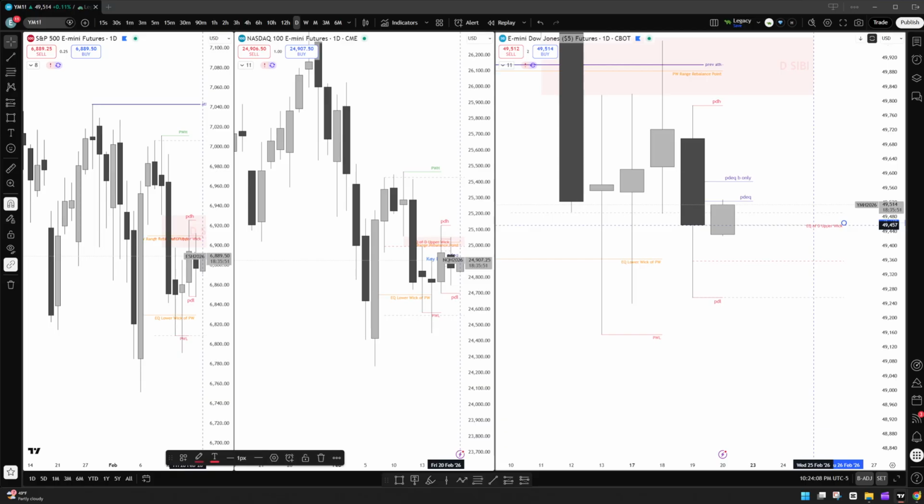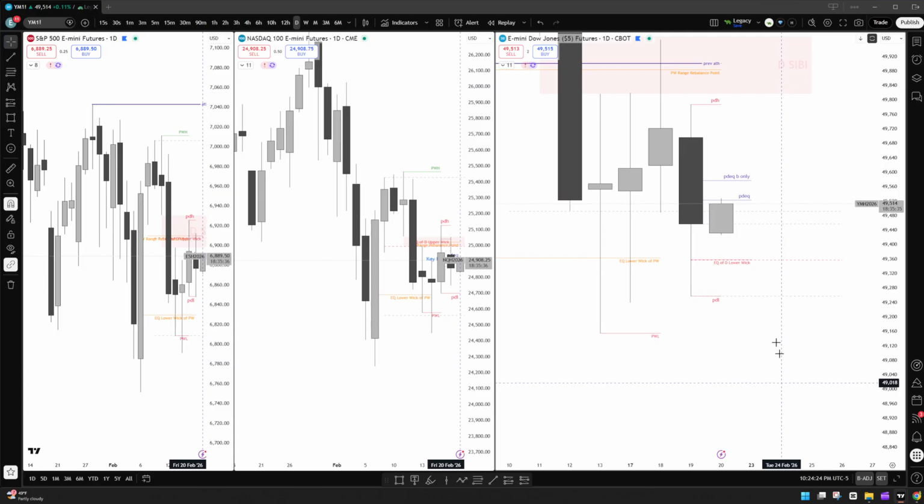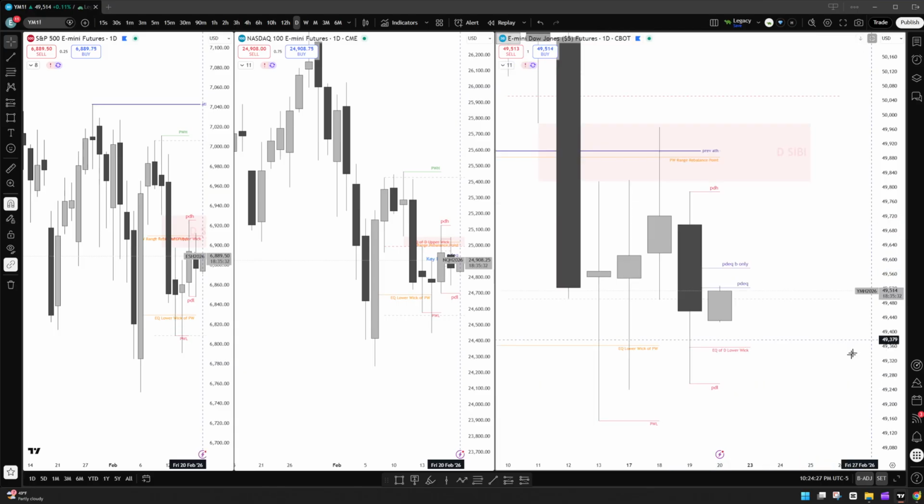Just to see. I've been very ICT-ish with monitoring levels of sensitivity, but I've been noticing that it has been important areas, confluence sometimes. So okay, that's good.